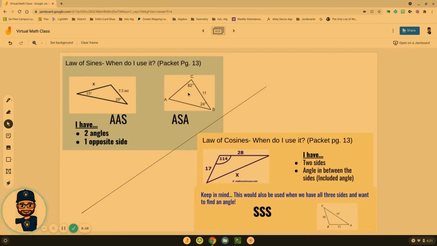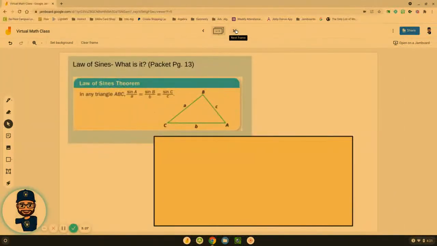Same thing even in this picture. I know this angle measure down here for A. We might have to calculate it, but we know it. Opposite side, we could find an opposite side. So here's what the law of sines represents. In any triangle, more specifically ones that aren't right triangles, because we have easier ways in right triangles, we can set up one of these proportions.